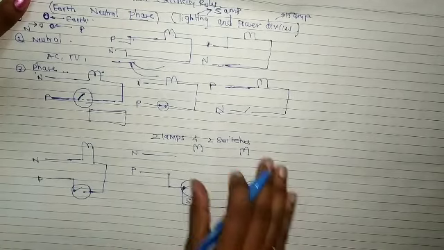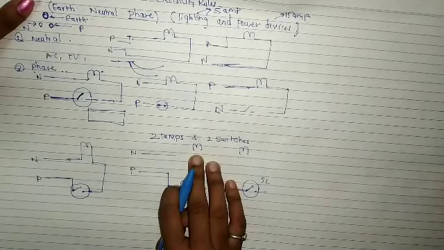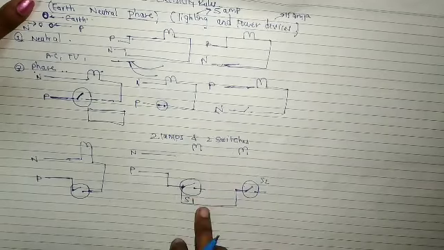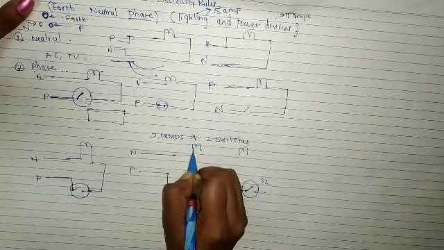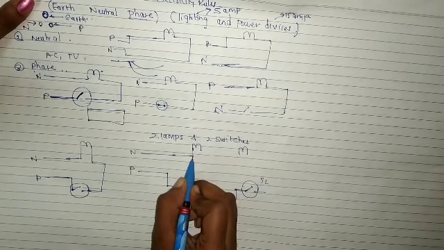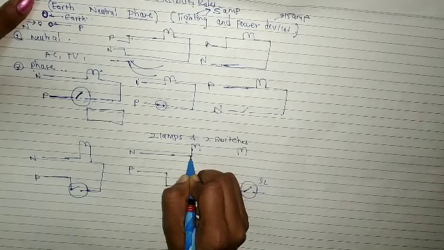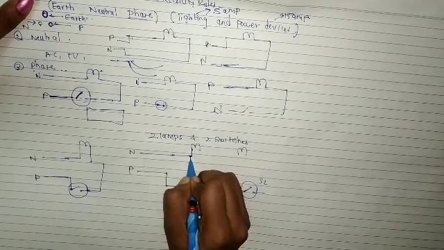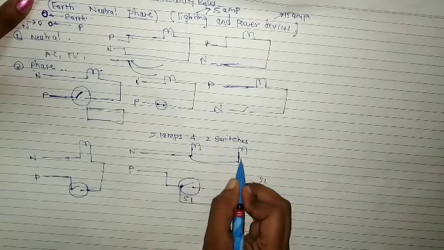Now we have to complete the circuit. The bulb will glow whenever it gets neutral and phase, right? So I have given neutral here. Now this neutral has to be linked, so I am linking the neutral here. This is how I have linked the neutral from this point to this point.